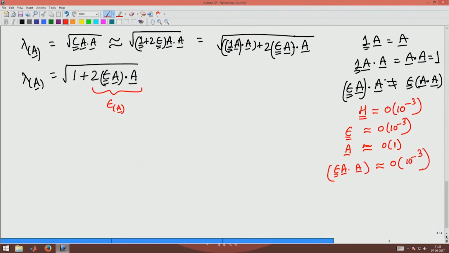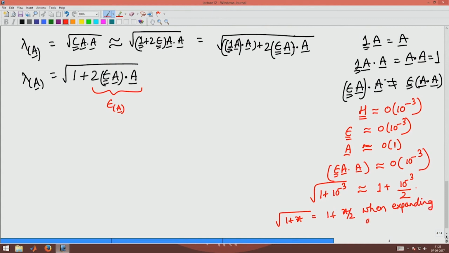Okay. Now, I have square root of 1 plus 10 power minus 3, this I can approximate as 1 plus 10 power minus 3 by 2. From Taylor series expansion, we know that root of 1 plus x is 1 plus x by 2, expanding about x equal to 0.